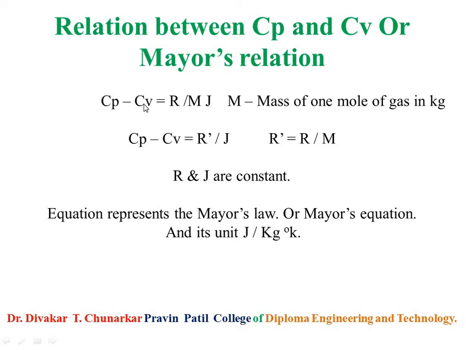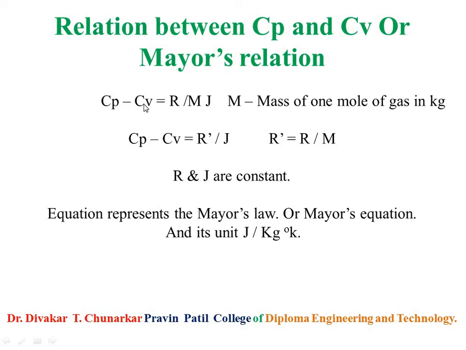Cp equals Cv plus the expansion heat, so Cp equals Cv plus H, where H is the amount of heat. Therefore I can write Cp minus Cv equals H.